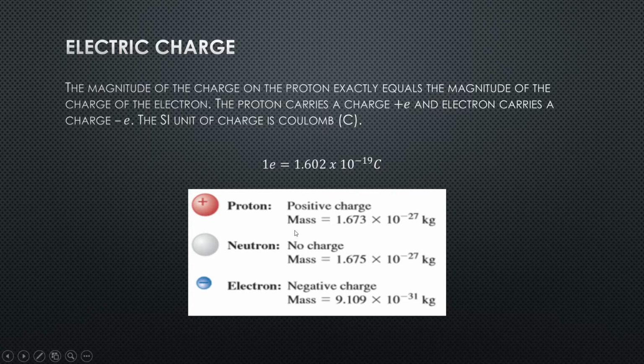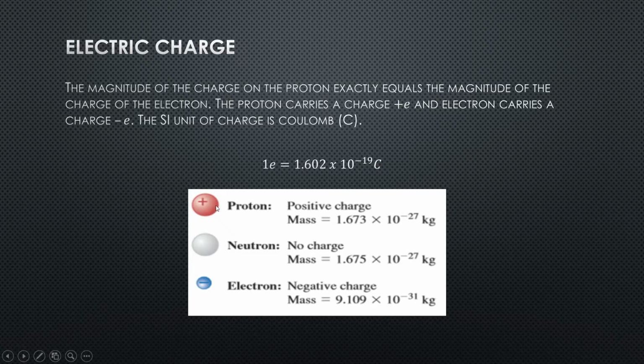The mass of a proton is 1.673 times 10 to the negative 27 kilogram. The mass of a neutron is close to that of a proton, which is 1.675 times 10 to the negative 27 kilogram. And the mass of an electron is 9.109 times 10 to the negative 31 kilogram.